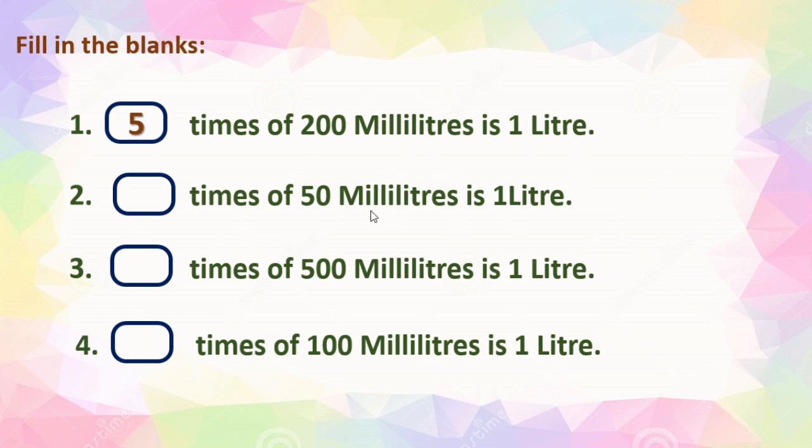Isn't it? Now we have the measuring jar of 50 milliliters and we want 1 liter. How many times we have to measure the 50 milliliters so that we will get 1 liter? 50 milliliters one time, 50 milliliters two times, means that became 100 milliliters.